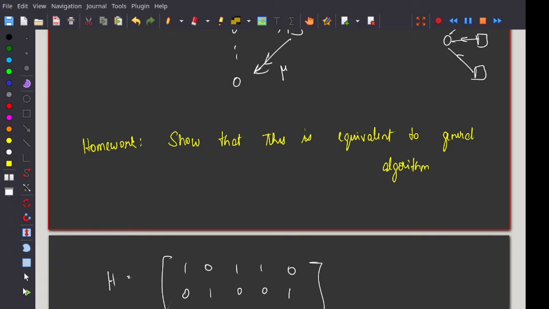I'm going to simulate this for, let's say, 1000 blocks. Maybe just to show it here, change that to 300 blocks because it takes some time. And I'm generating the parity check matrix in some particular fashion. We'll see how to generate a good parity check matrix in a few minutes.